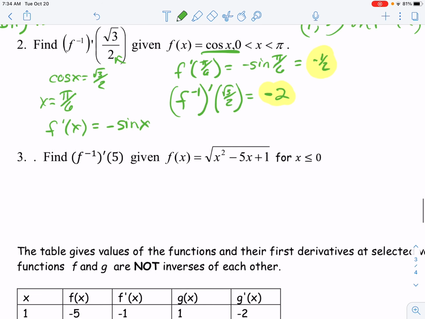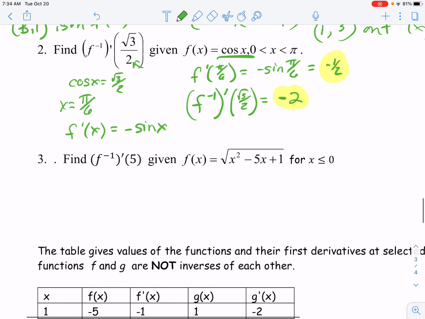Let's do one more. Okay? This is the y value on that function. So you set the function equal to the y value, solve for x. So you square both sides. Okay.